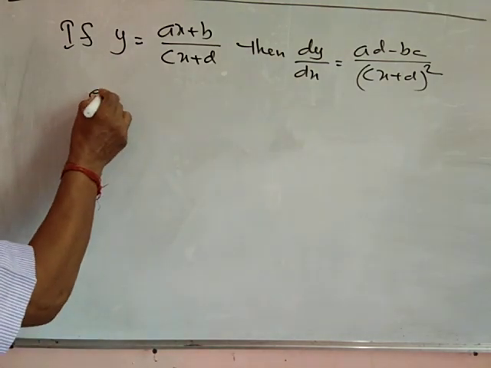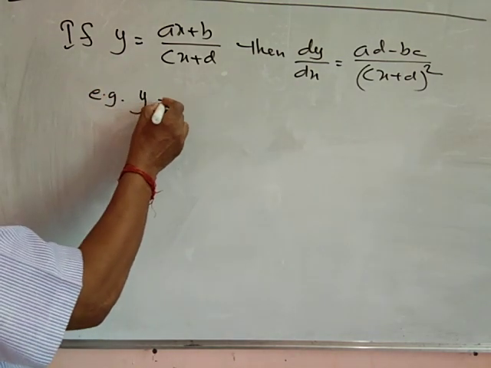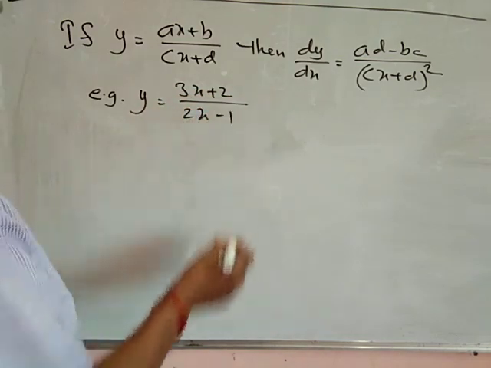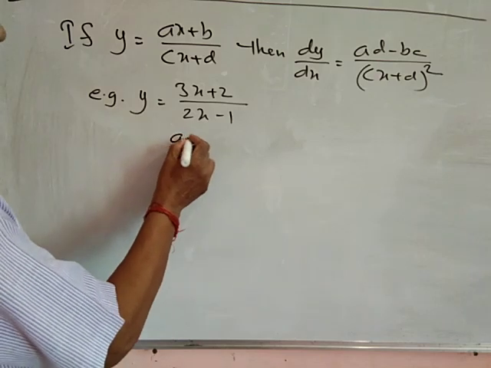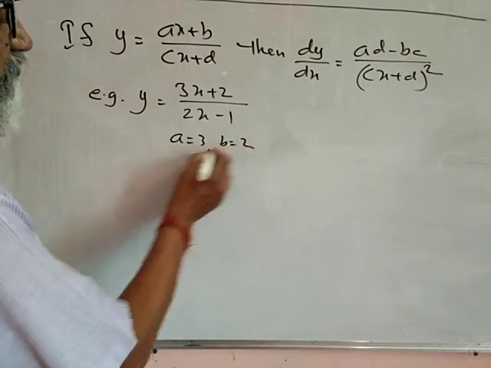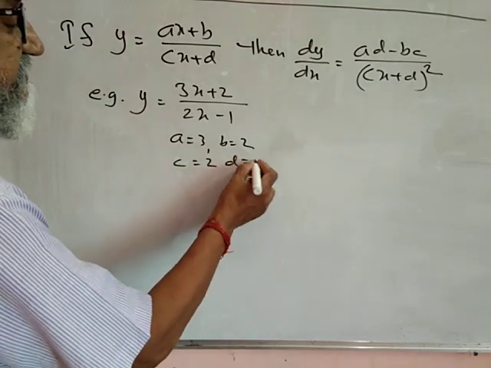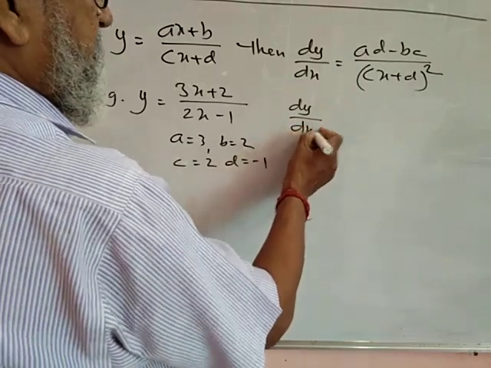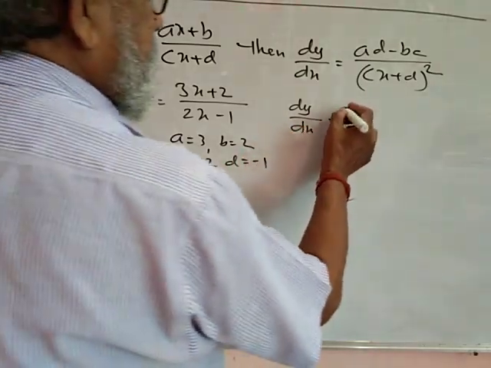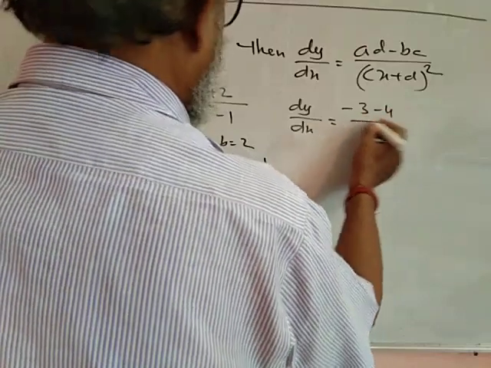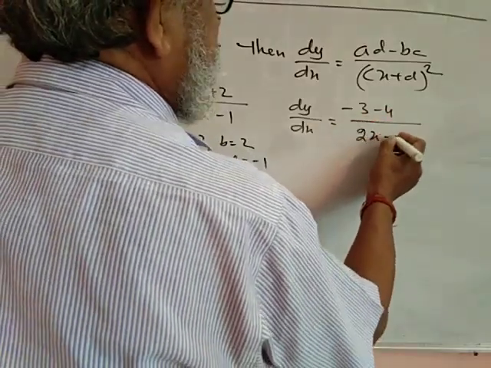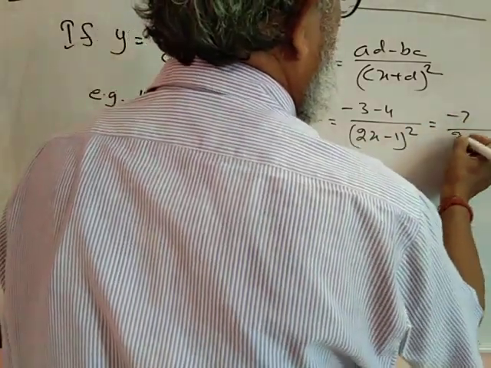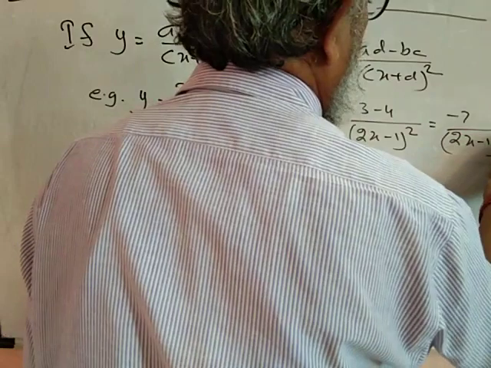For example, y is equal to (3x plus 2) upon (2x minus 1). So a is 3, b is 2, c is 2, d is minus 1. So dy by dx is equal to ad minus bc, so minus 3 minus 4 upon (2x minus 1) the whole square, that is minus 7 upon (2x minus 1) the whole square.